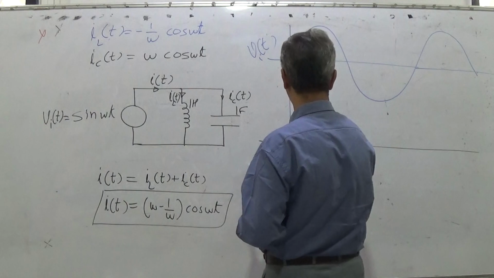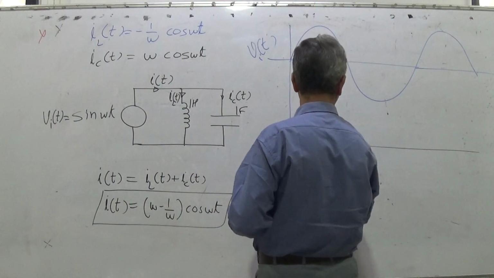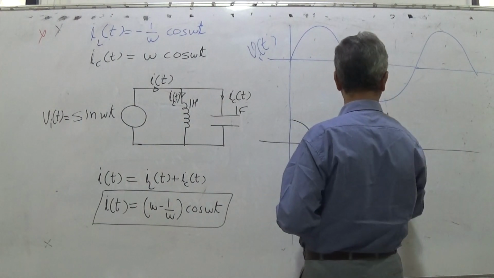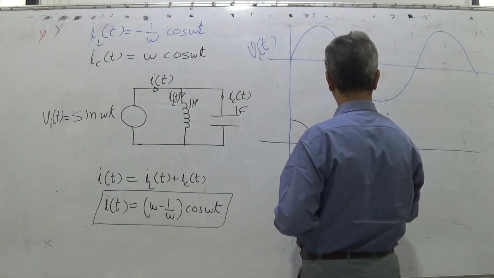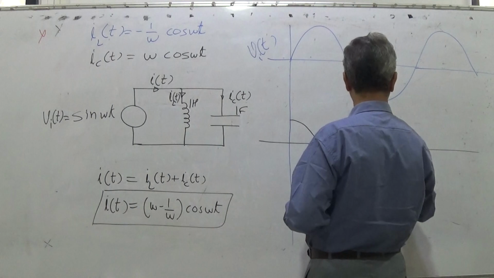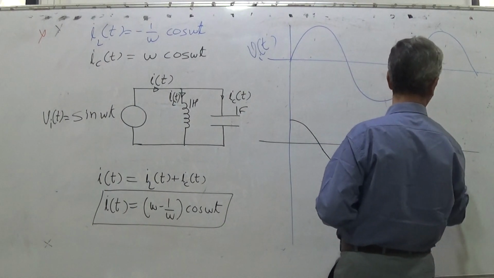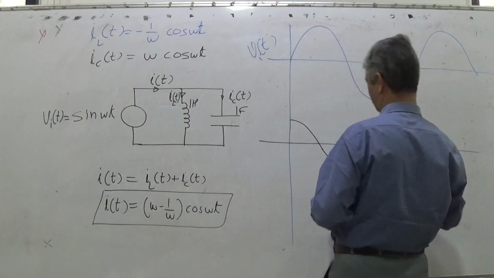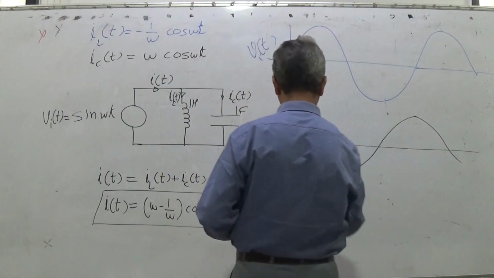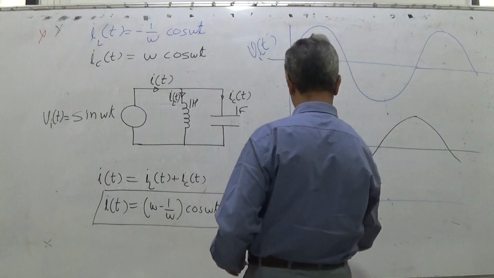So IC is cosine. ILT is exactly reverse of this.